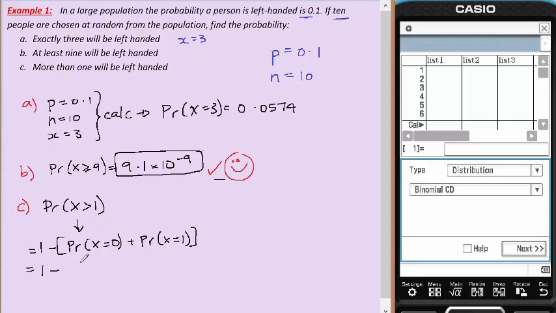So therefore it's 1 minus the probability that x is 0 will be 0.9 to the power of 10. Don't forget our brackets.